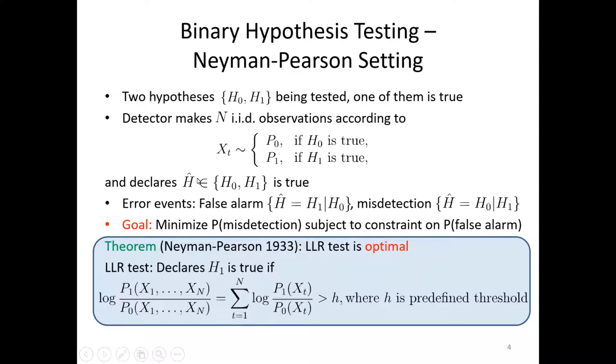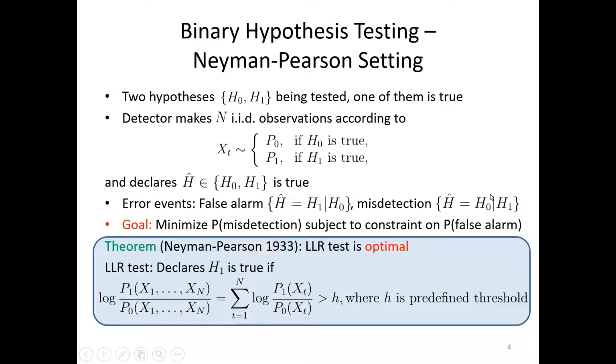There are two error events associated with this decision. The first one is the false alarm. That means the underlying hypothesis is H0 and our decision is H1. The second error event is called a misdetection. That is, the underlying true hypothesis is H1 and our decision is H0.